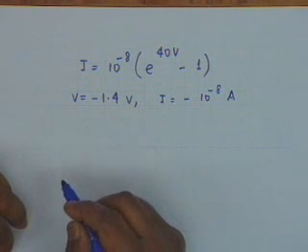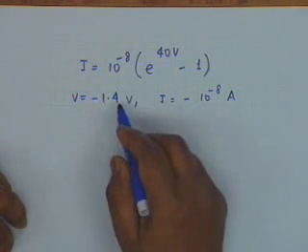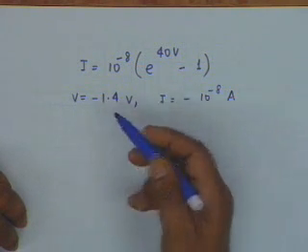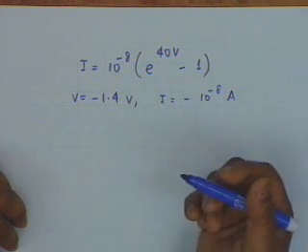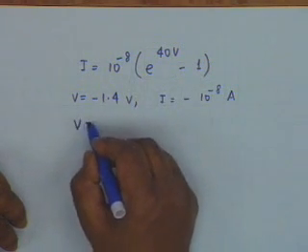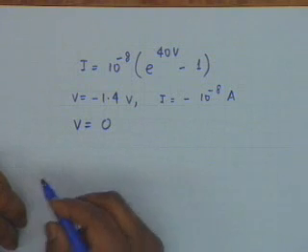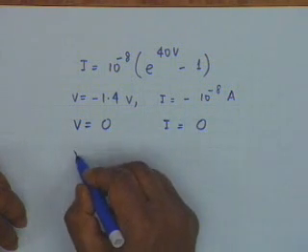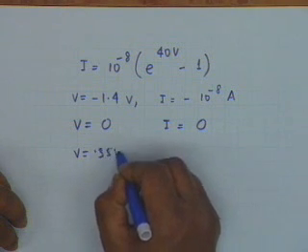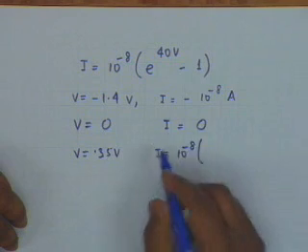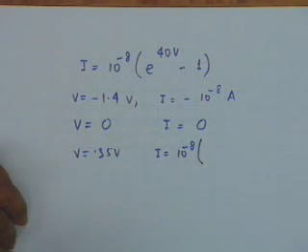Alright, is that okay? This is double of 0.7, even at 0.7 you ignored it, therefore at 1.4 it would be e to the minus 56, alright, so that can be ignored. If V equal to 0, then obviously the current shall be equal to 0, and if V equal to 0.35 volt, the current shall be equal to 10 to the minus 8, e to the power of 0.35 times 40, which is how much?